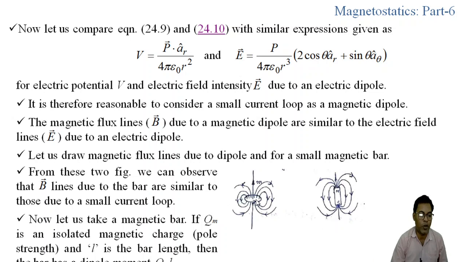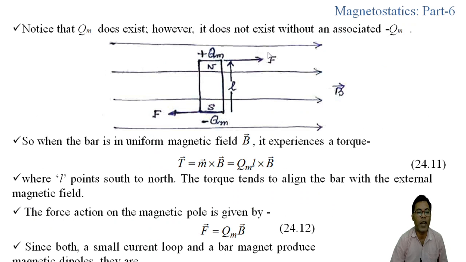Now if we take a magnetic bar and consider Qm as an isolated magnetic charge, although an isolated magnetic charge cannot be present in real life, but here for our understanding, suppose Qm is an isolated magnetic pole, or the pole strength, and L is the bar length, then the bar has the dipole moment Qm into L. Here in this diagram you can see the north pole, the pole strength Qm and the bar of length L, which is placed in the external magnetic field.